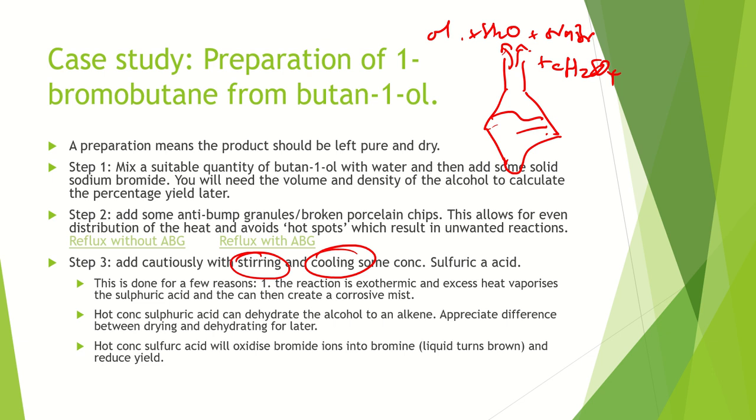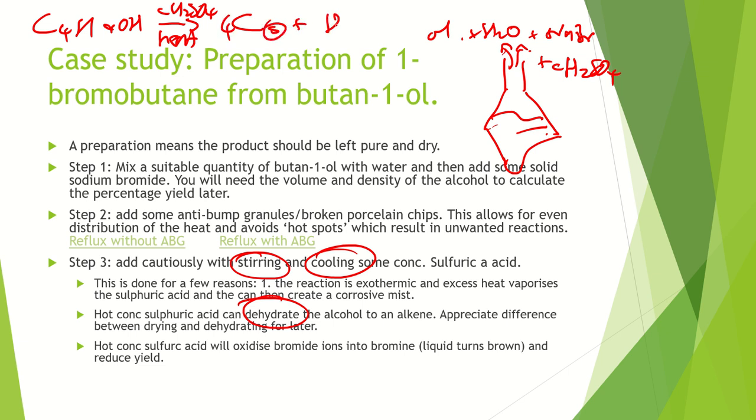The second thing is, if you add concentrated sulfuric acid and it gets hot, the concentrated sulfuric acid can act as a dehydrating agent. Now, a dehydrating agent will dehydrate the alcohol. So if I have an alcohol, let's take the one that we have here, which is butanol, and I add conc sulfuric acid to it, and I also have it hot, which is what happens if I add it too quickly, that will cause the alcohol to turn into black sooty carbon and water.